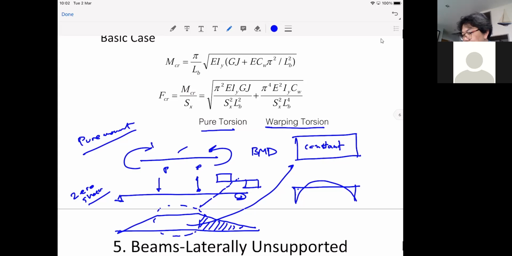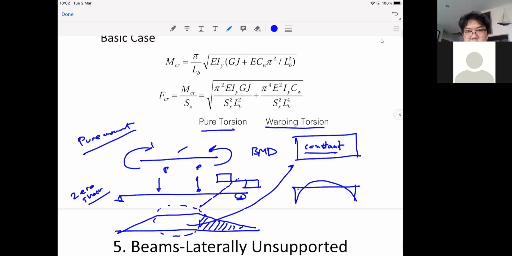So before we look at the formula, we need to understand that the formula they have developed is based on constant moment, which is not real in most cases in the world.